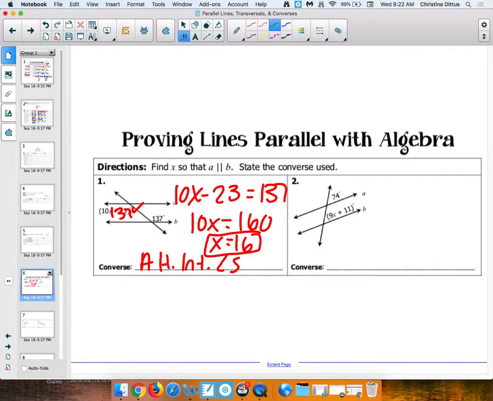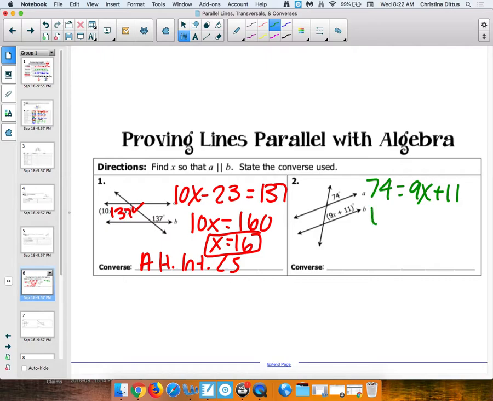And number 2, how are my angles related? Corresponding. One's on the inside, one's on the outside. If they're both inside, then they're consecutive. They're corresponding; should corresponding be equal or 180? Equal, so 74 equals 9x plus 11.